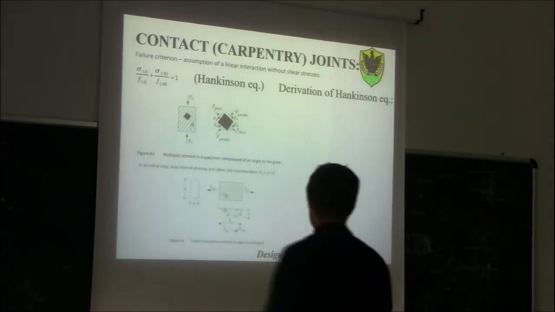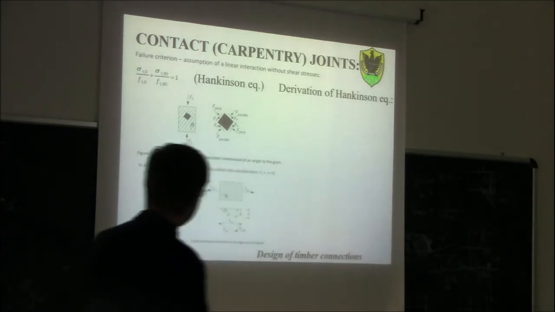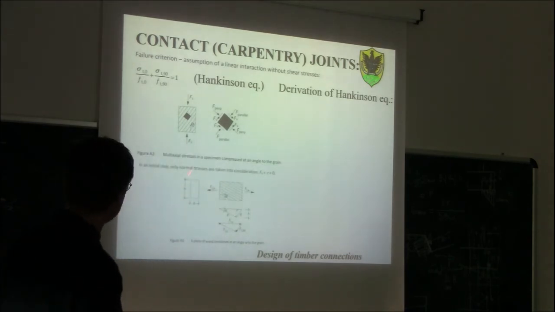Now, if you write down, again, this is the small element subjected to an axial force at an angle to the grain. If this is the height H of this timber member, you can find out the length, which is perpendicular to the grain, and the length P, which is the one parallel to the grain.